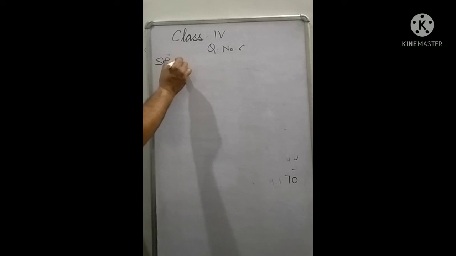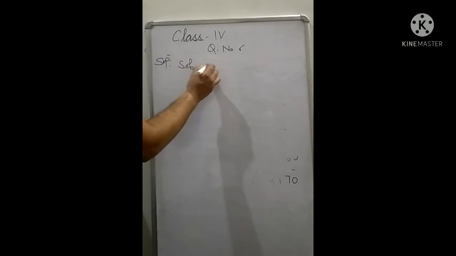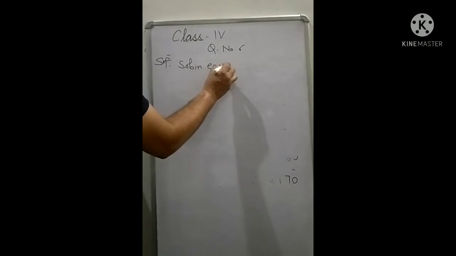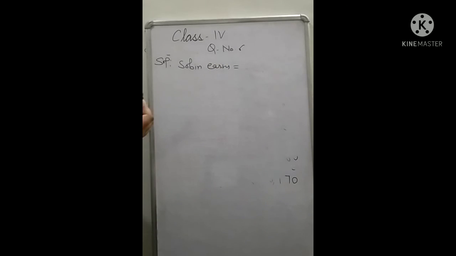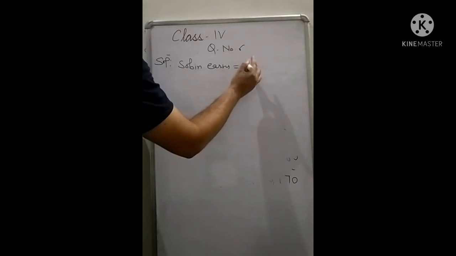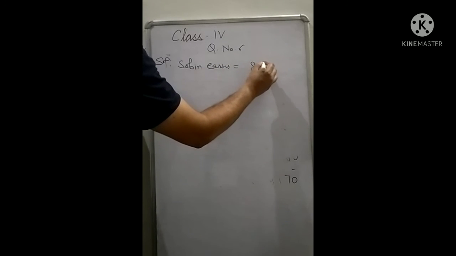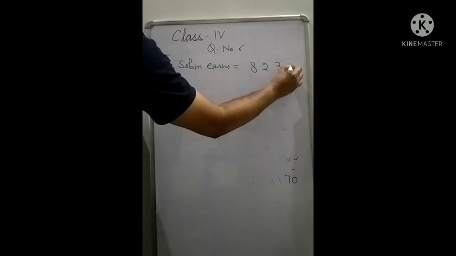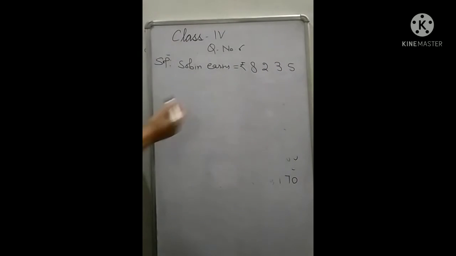We write who he is: Sobin. First we write Sobin earns. How much does he earn? Rupees 8,235. That much amount he is earning. Now his expenses, we write the same.